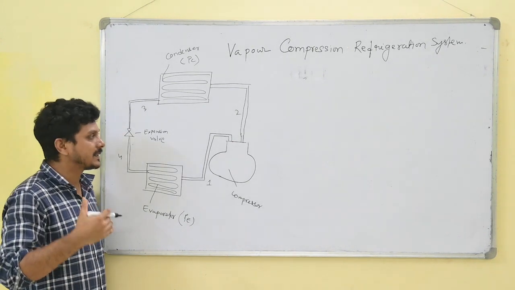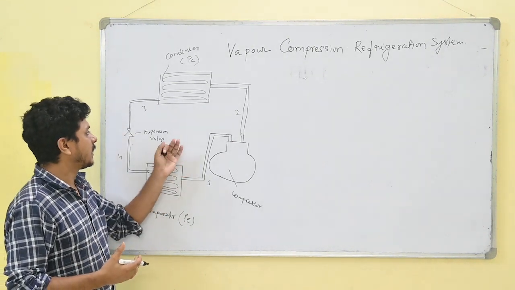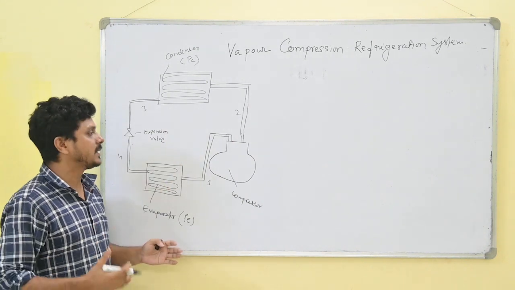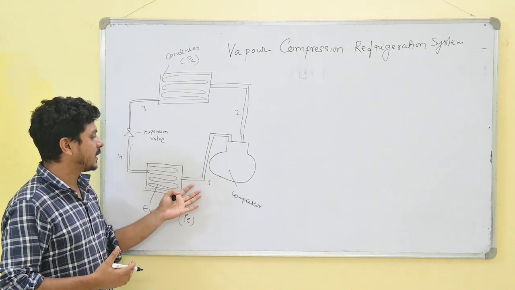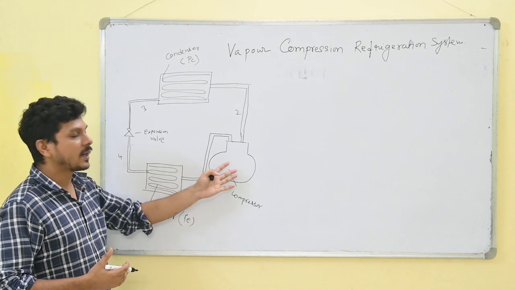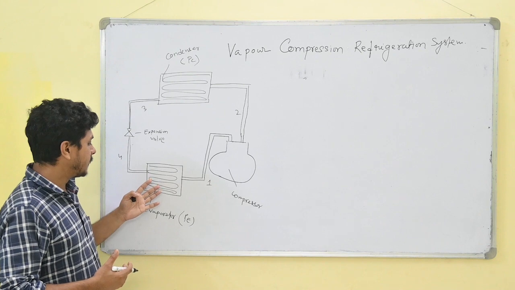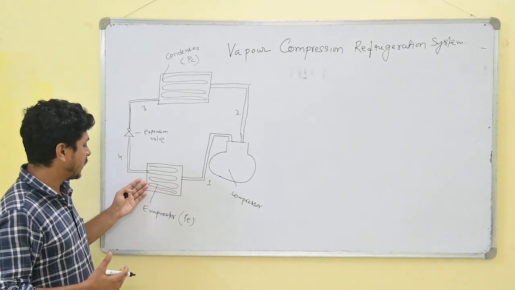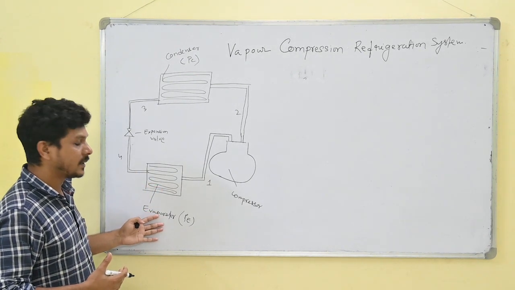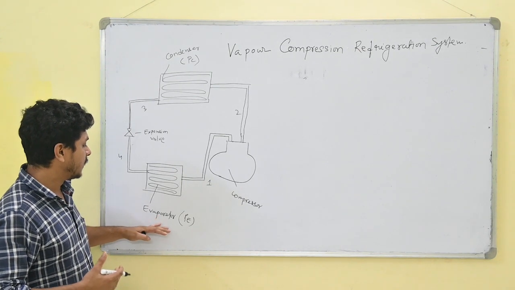Now I discuss the TS and pH diagram to understand the work input of the compressor, and to understand the refrigeration effect, or desired effect, or heat absorption capability of the evaporator.